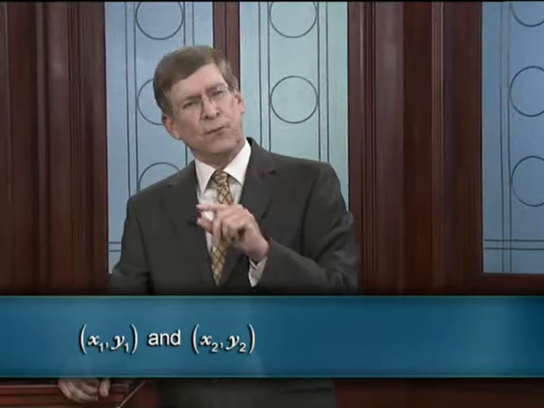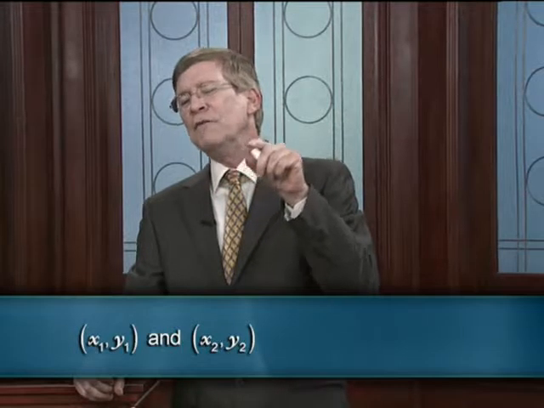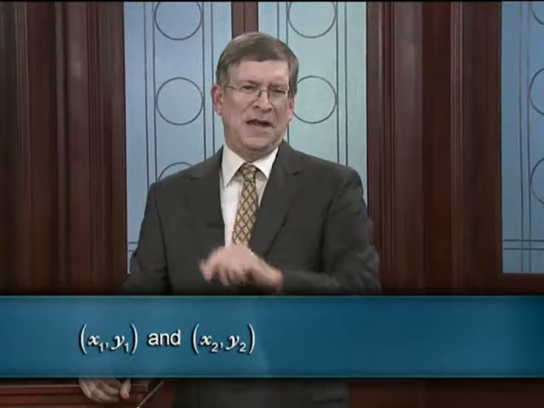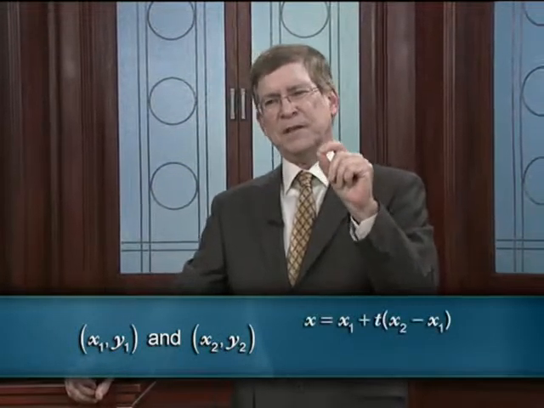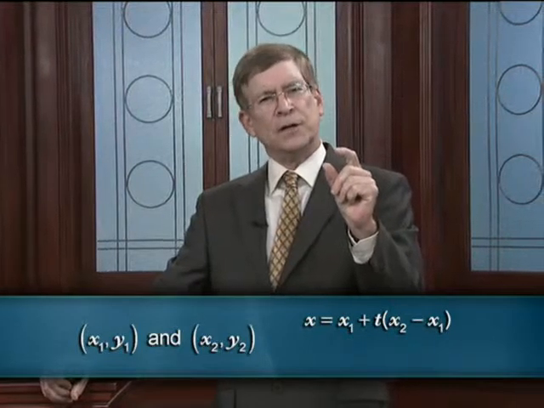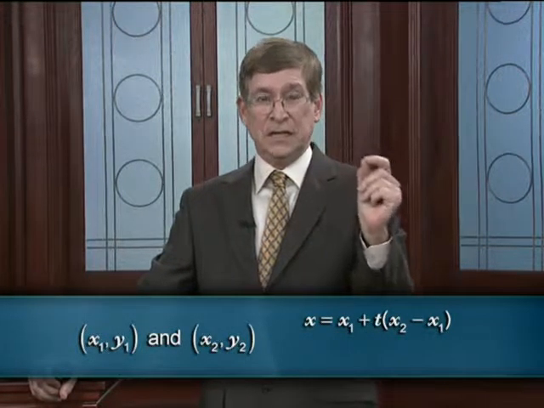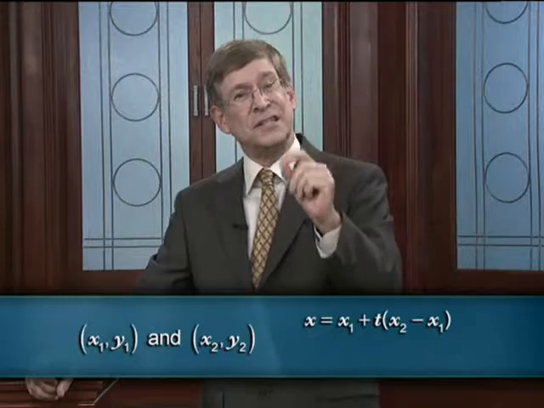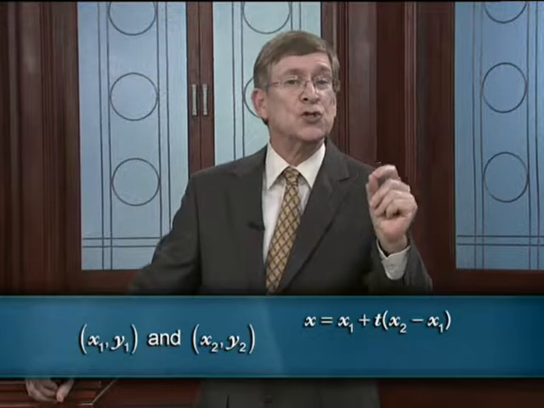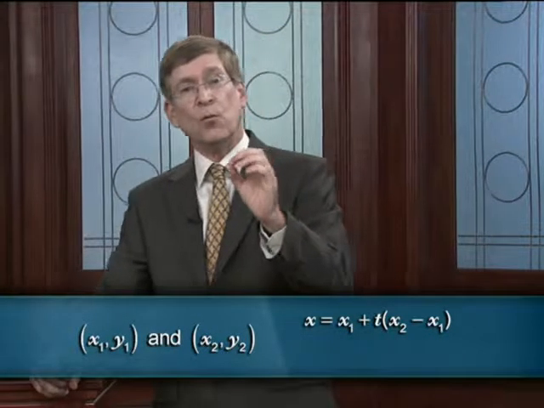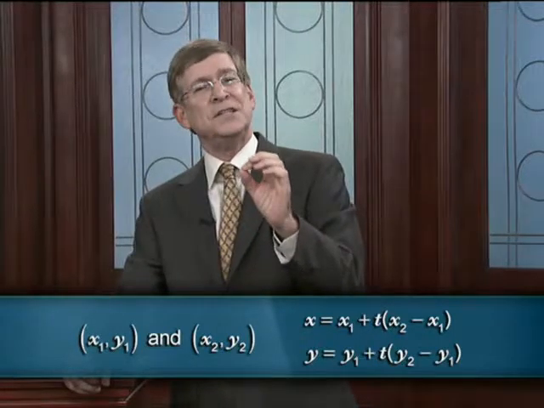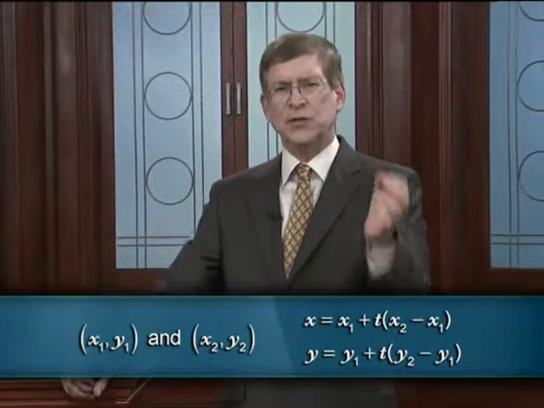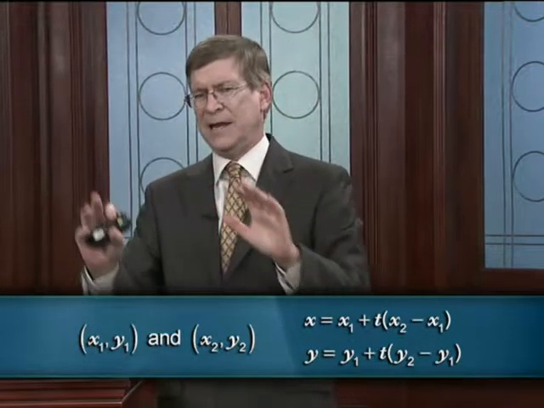Well, let me show you the formulas, and then I'll verify to you that I got them right. So let x be the following parametric equation of the variable t. It's equal to x1 plus t times the quantity x2 minus x1, and y is y1 plus t times the quantity y2 minus y1.